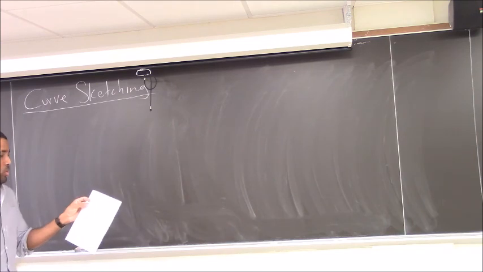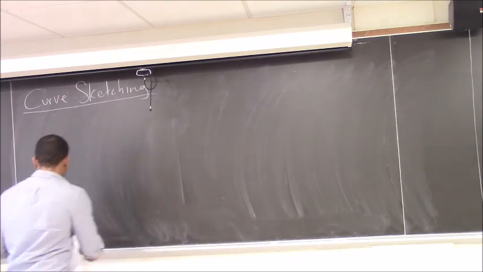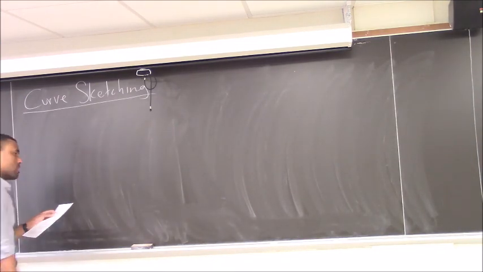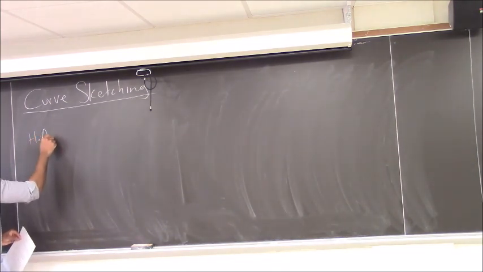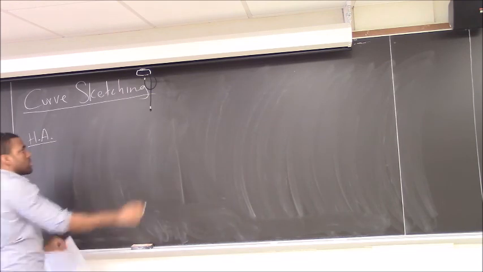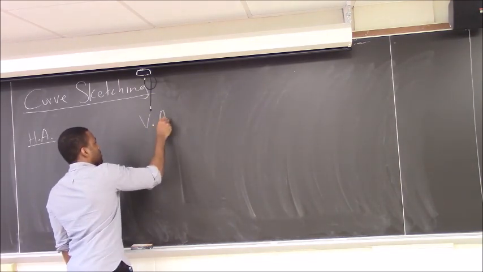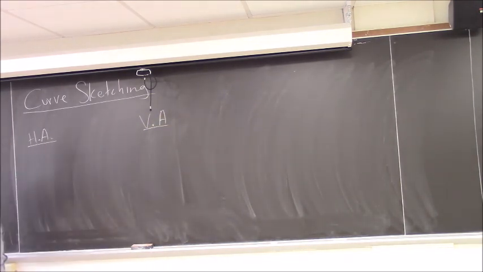Then you'll find the asymptotes. Maybe I'll just mention a little bit about that. There are two kinds of asymptotes here that we care about: the horizontal asymptotes and the vertical asymptotes. For the horizontal asymptotes, you're looking at the limit at infinity of your function.